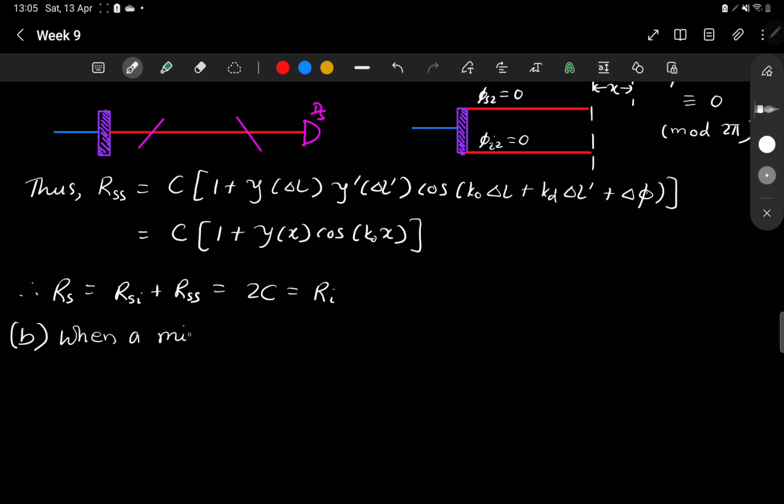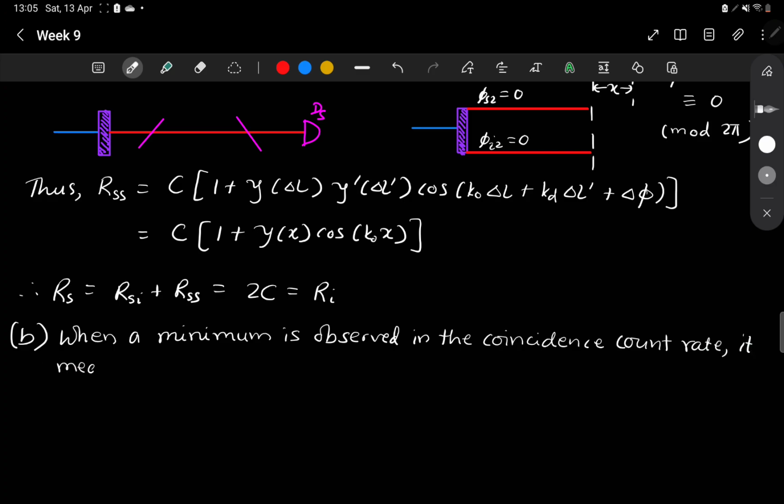So when a minimum is observed in the coincidence count rate, it means that both the photons go in a single detector.